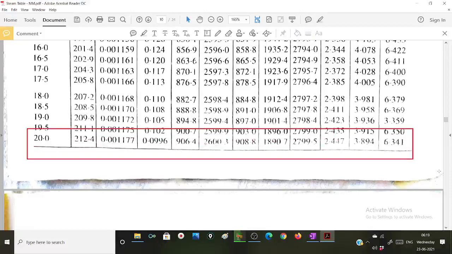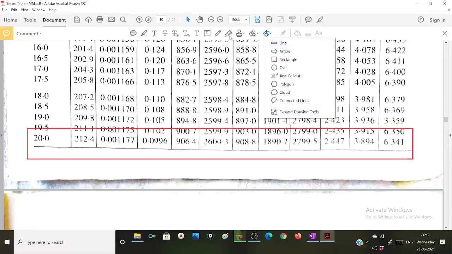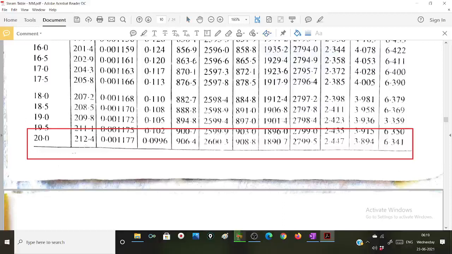Now at this pressure, first find out the saturation temperature. This is nothing but the saturation temperature of the steam at 20 bar.